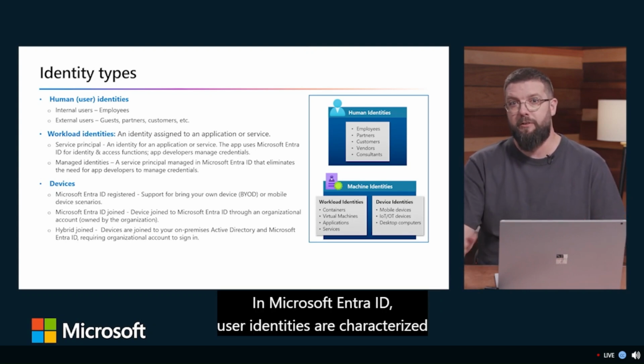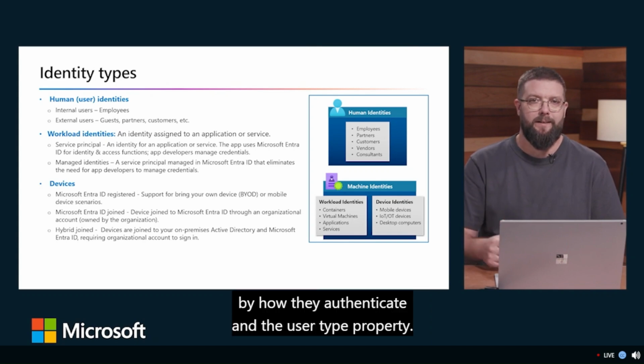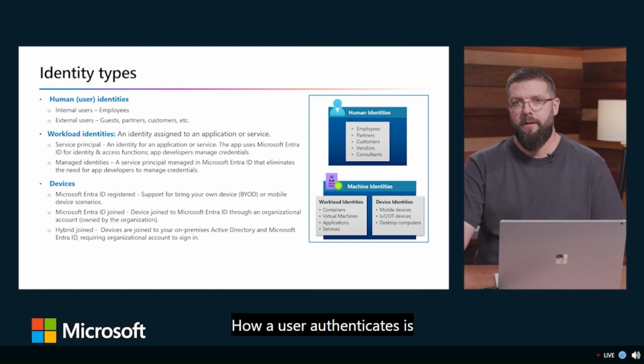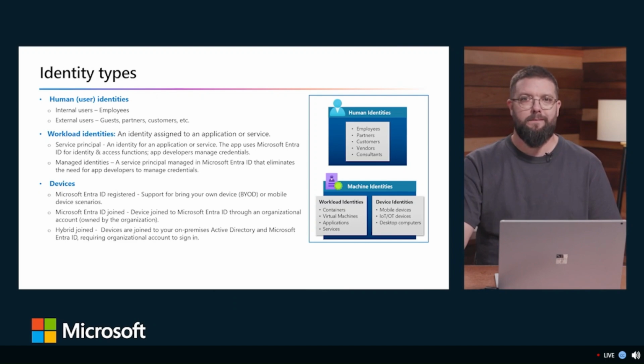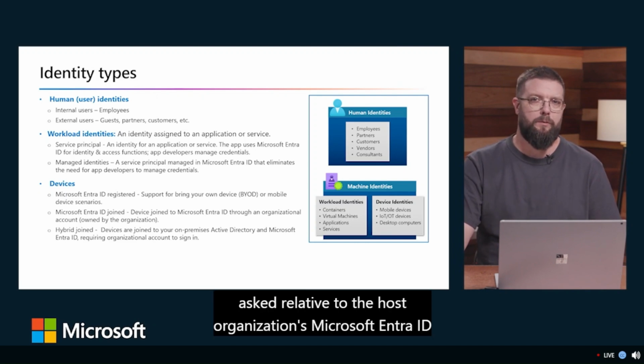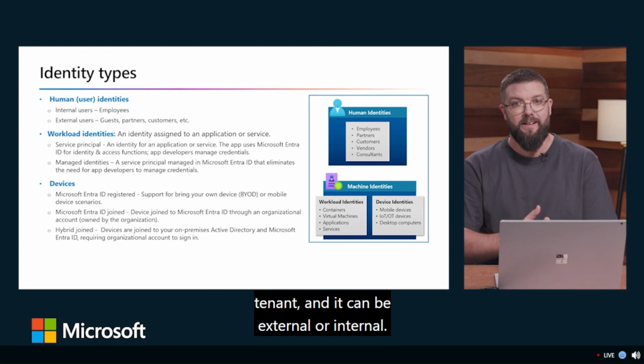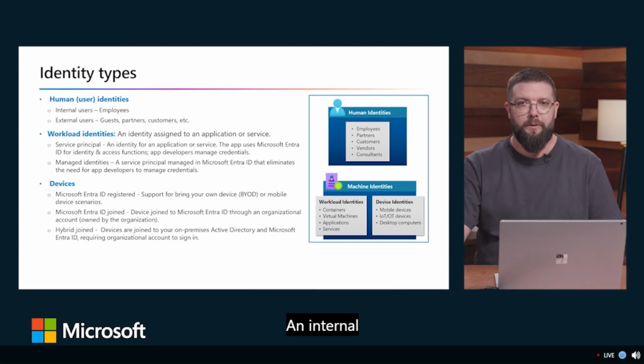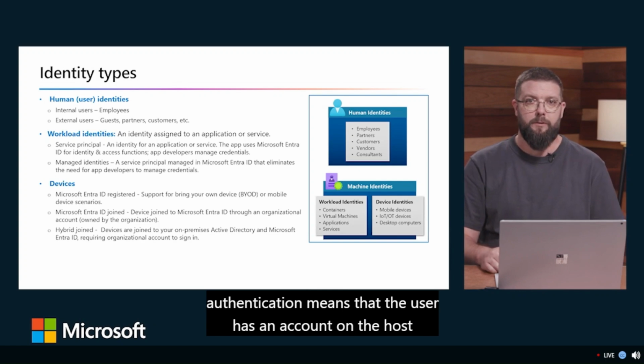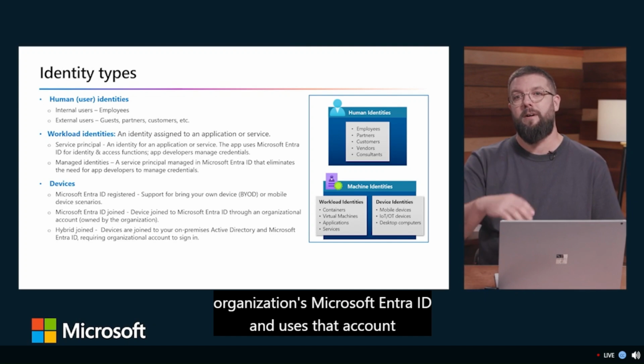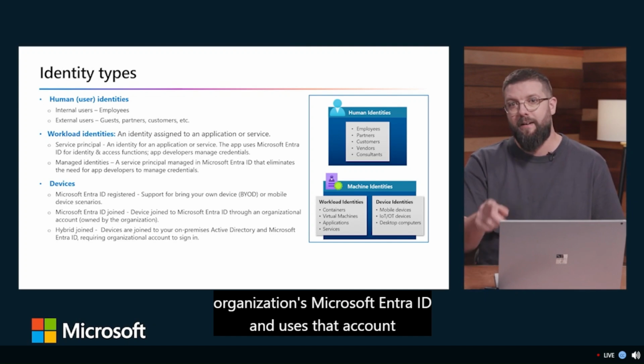In Microsoft Entra ID, user identities are characterized by how they authenticate and the user type property. How a user authenticates is asked relative to the host organization's Microsoft Entra ID tenant, and it can be external or internal. An internal authentication means that the user has an account in the host organization's Microsoft Entra ID and uses that account to authenticate.